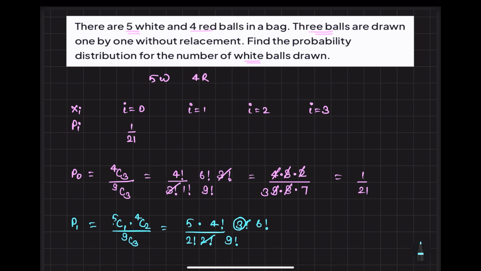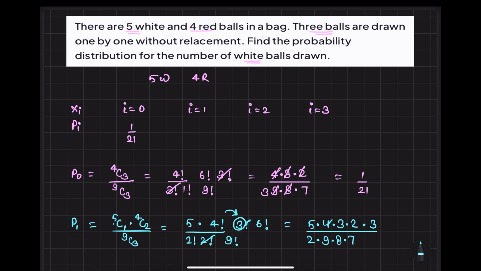Now I will simplify things. So we will be having 5, 4, 3, 2, and then we have an additional 3. For that 3 and 6 I will neutralize by using 9 factorial. Then we have 2, and then we have 9, 8, 7 and 6 factorial. 6 factorial will be neutralized.